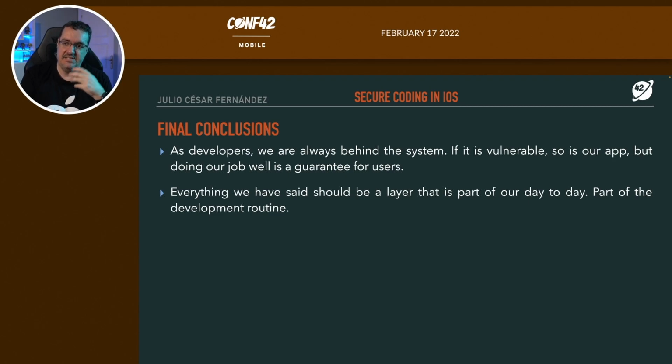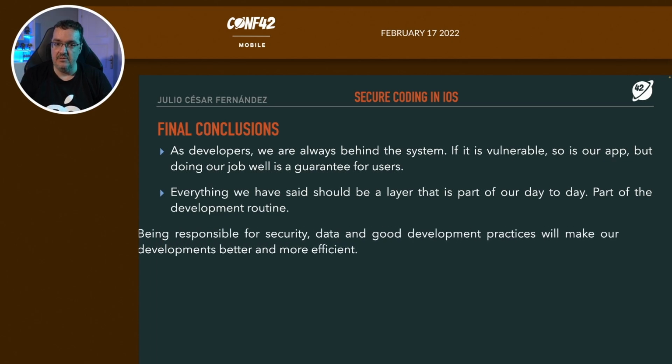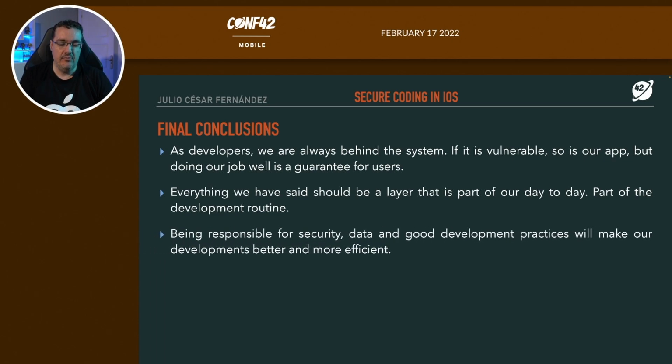Make your APIs, make your helper functions, make all the things you need to secure your application. Make a Swift package, for example, and use it in all your apps to ensure you do the best secure coding in iOS or other Apple systems. Being responsible for security, data, and good development practice will make our developments better and more efficient.